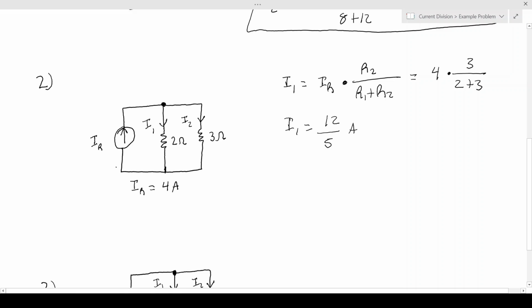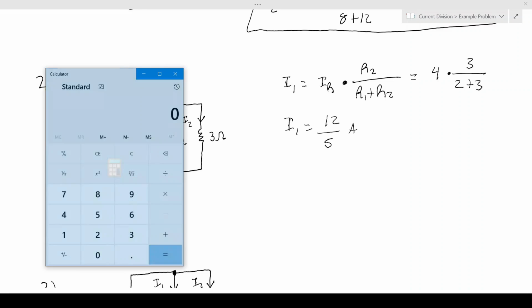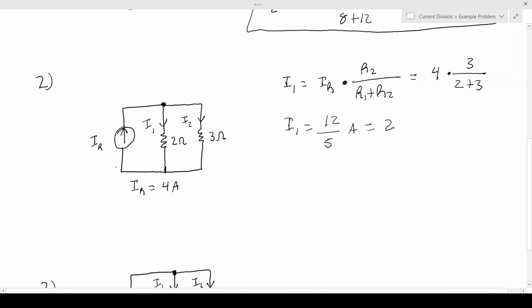And let me bring out the calculator real quick and just do 12 divided by 5, and I get that is equal to 2.4 amps. So I1 is equal to 2.4 amps.